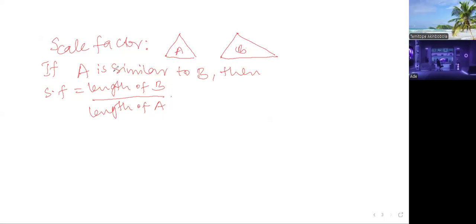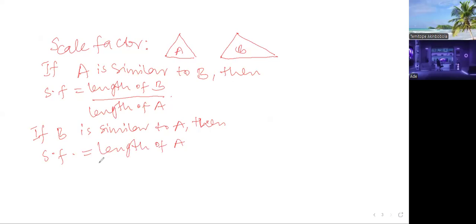I want you to take note of my arrangement. If A is similar to B, that means I can also say if B is similar to A, then scale factor equals length of A over length of B. Is that clear?